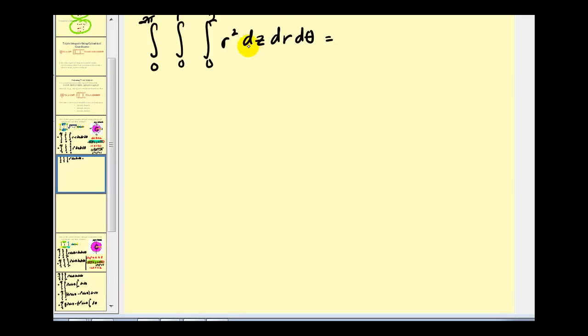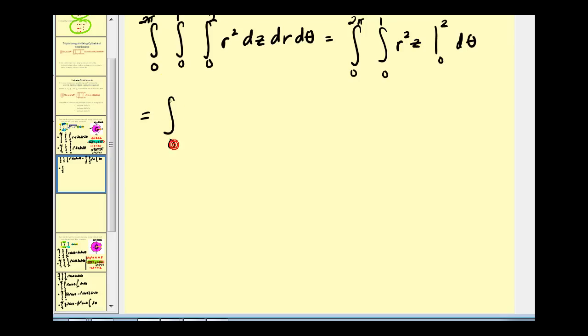Integrating with respect to z, treating r squared as a constant, it'll give us r squared z. Now when z is equal to 2, we'll have 2r squared, and then when z is 0, we'll have 0. So we'll have 2r squared dr d theta. And now we'll integrate with respect to r.